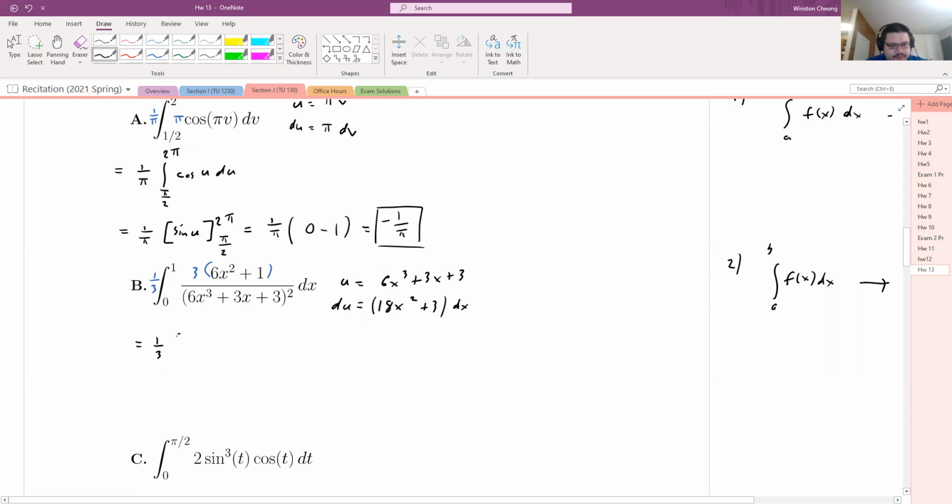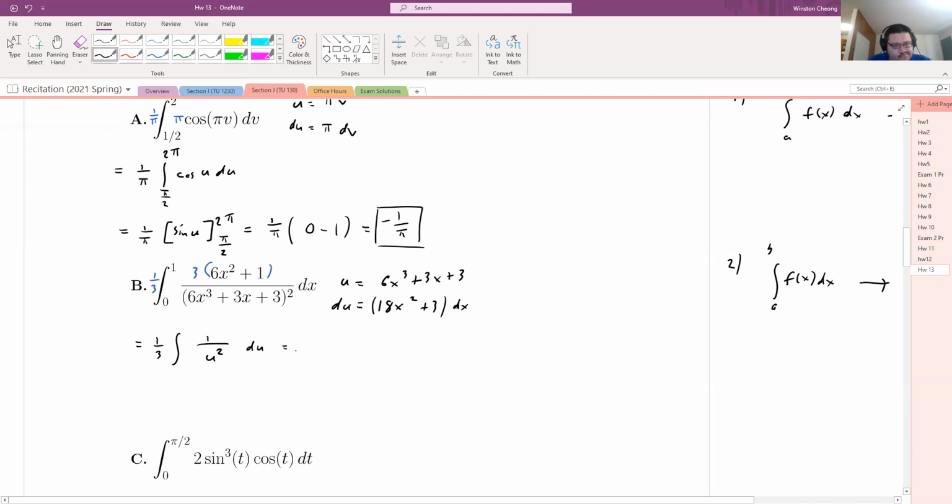We get a 1/3 in front, and then the numerator and the dx get converted into du. Your numerator becomes just 1 in that case, and then the denominator, you absorb the part of the bottom. So you end up with 1 over u squared.